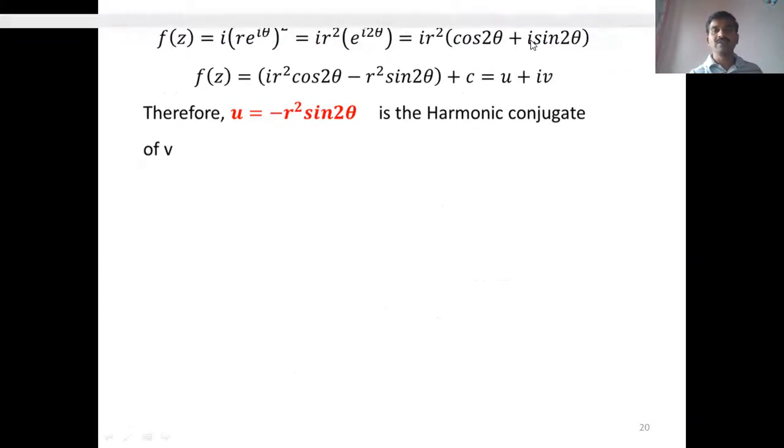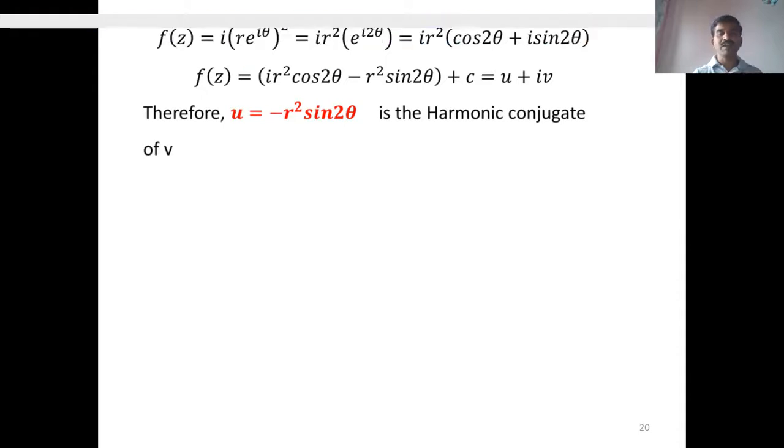And i squared times e to the 2 theta gives minus r squared sine 2 theta, as in the given problem. So u is minus r squared sine 2 theta, which is the harmonic conjugate of v.